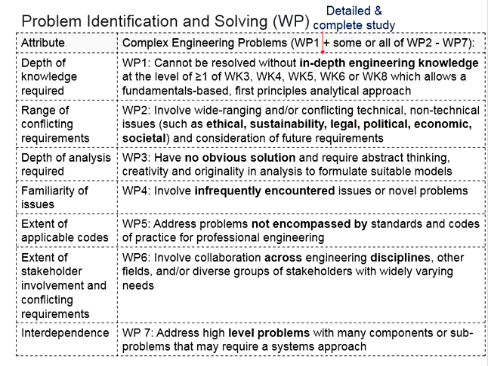The focus here should be wide-ranging and or conflicting issues, because the attribute is about the range of conflicting requirements. That means it involves considerations of various aspects, and there are issues that cover a wide range, and the relevant issues can be conflicting or non-conflicting.